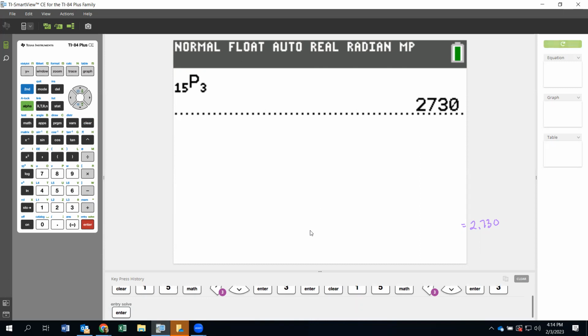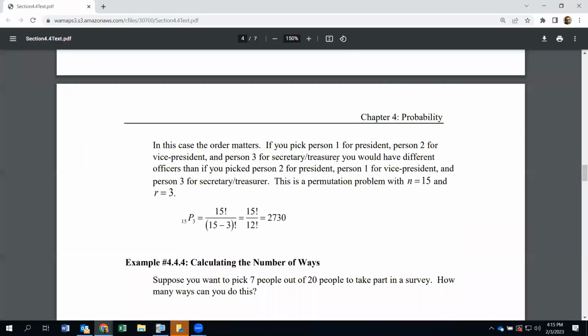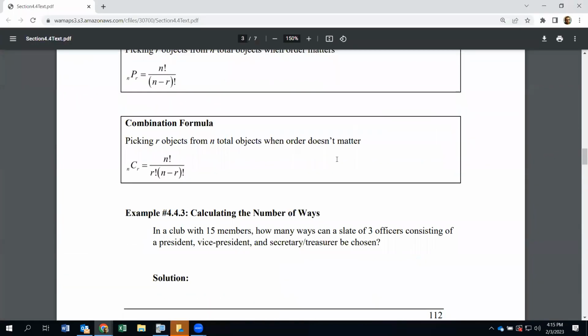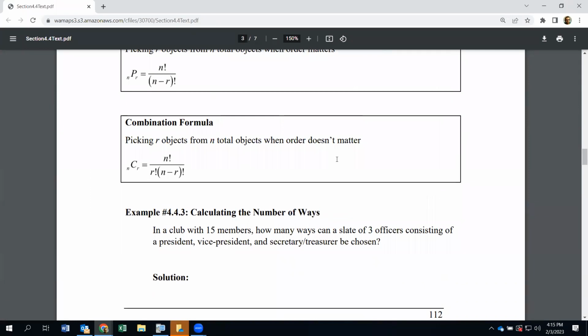Let's go ahead and move into combination next. I'm going to clear my screens, and I'm also going to go back to our textbook. Combinations are slightly different in the sense that they don't care about order.